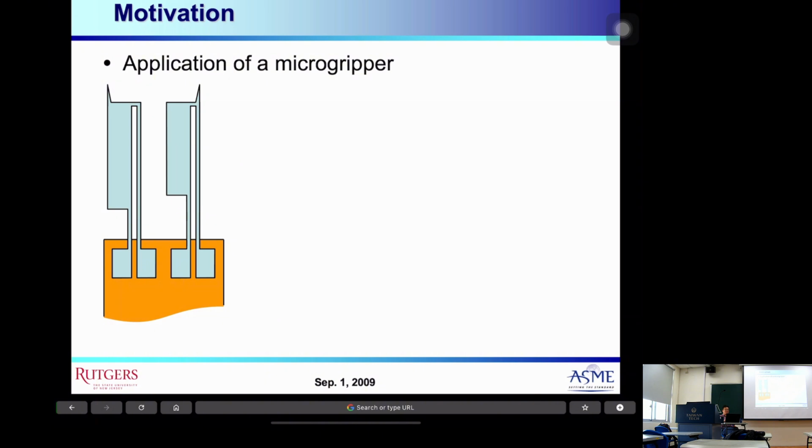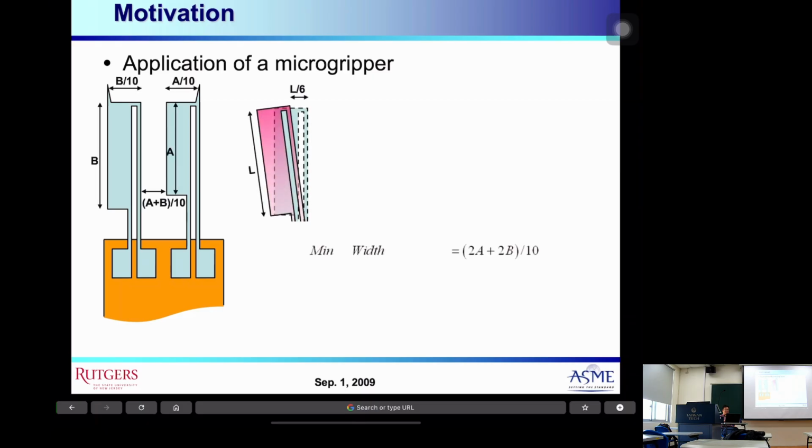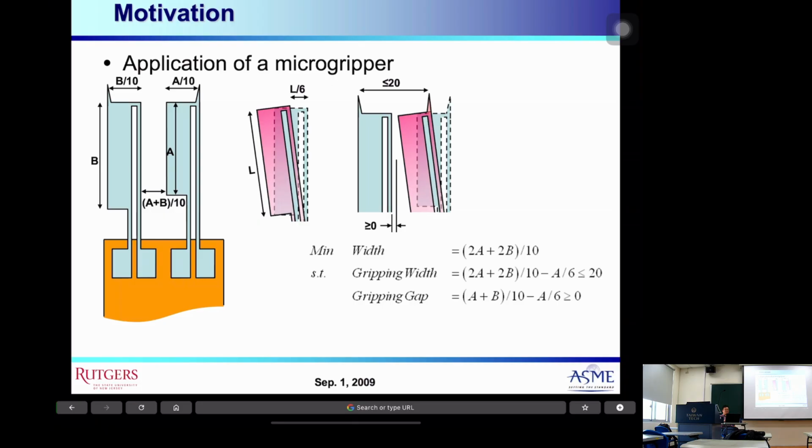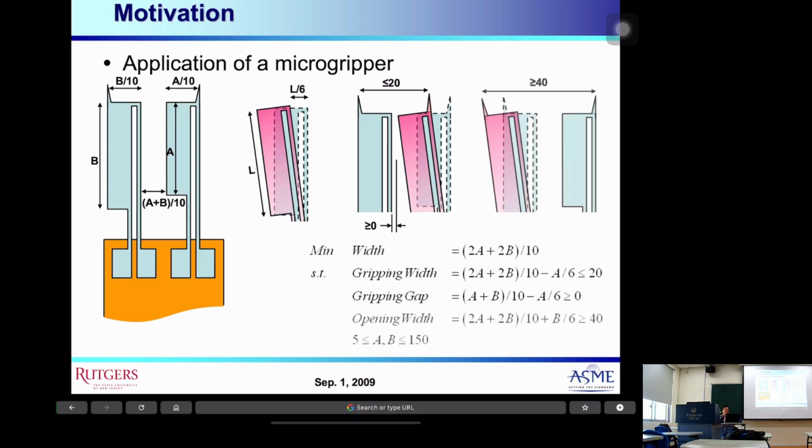So we can define a certain micro gripper like this, and you can actuate the left and right. Actuating the right is like this, and you can open up. You can either close up or open up by expanding A and B separately.